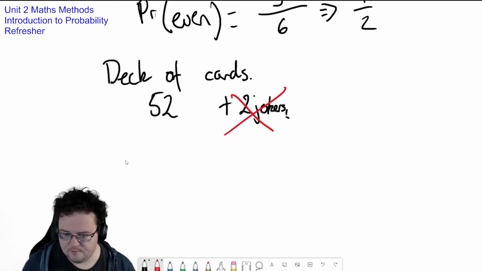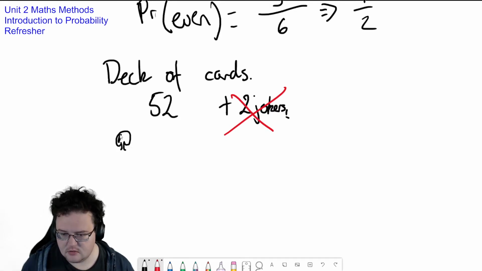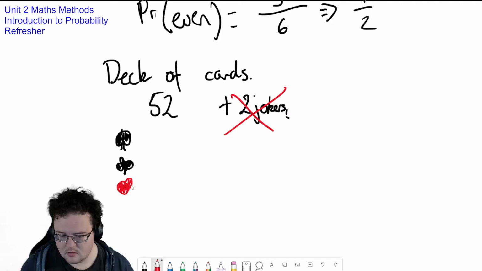Those 52 are divided into 4 what we call suits. You've got your spades, you've got your clubs, you've got your hearts, and you've got your diamonds. All hearts and diamonds are printed in red.